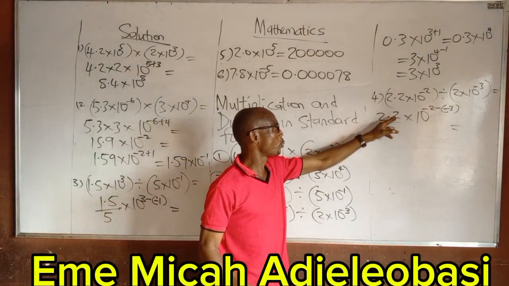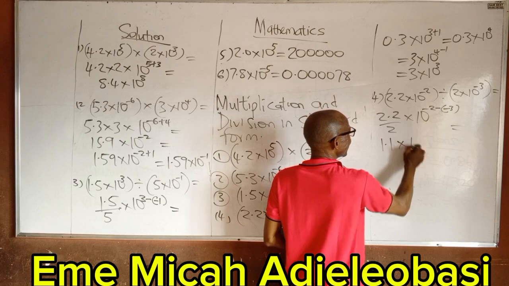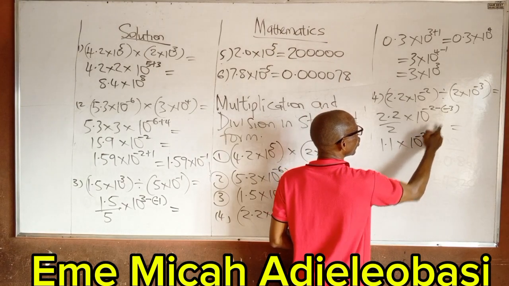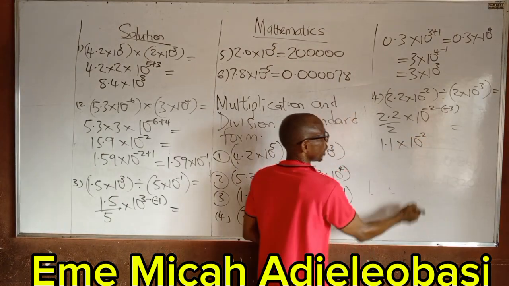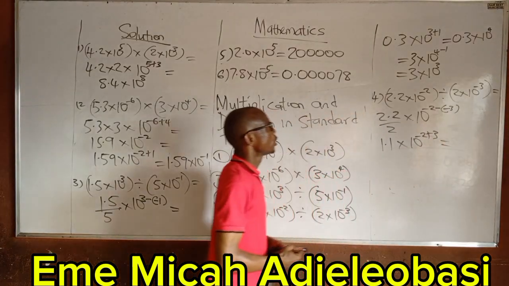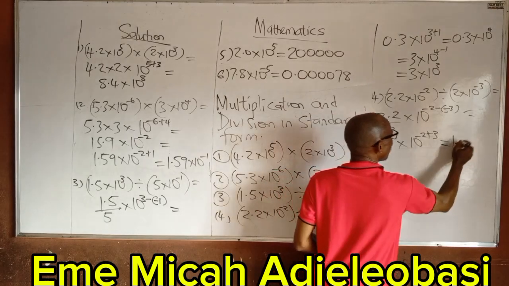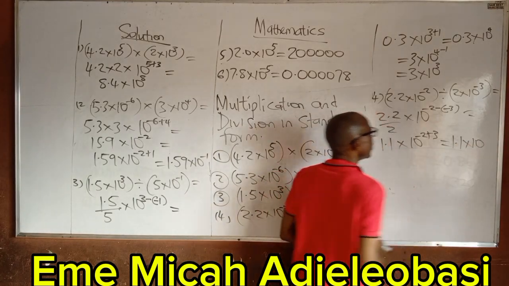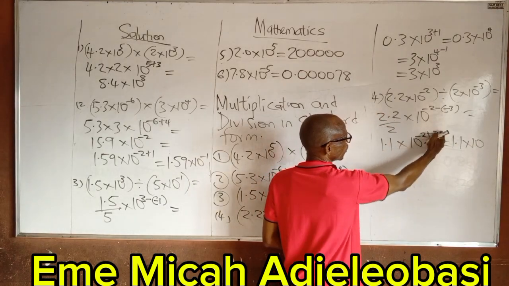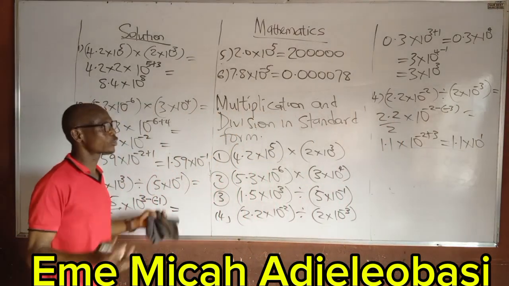So 2.2 divided by 2 gives us 1.1 times 10 raised to the power of minus 2. Minus times minus becomes plus. So we have 1.1 times 10 raised to the power of minus 2 plus 3, which is 1.